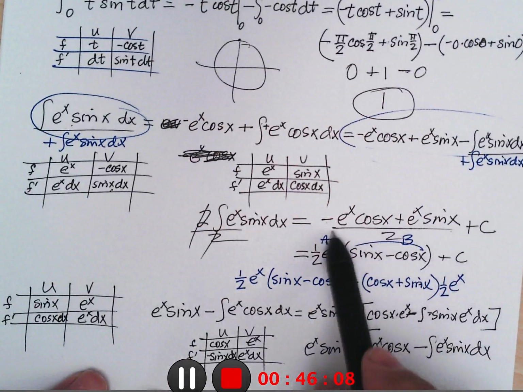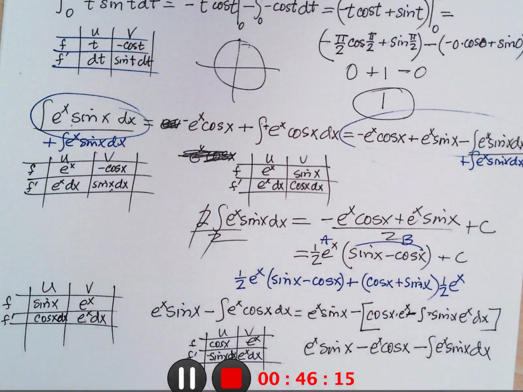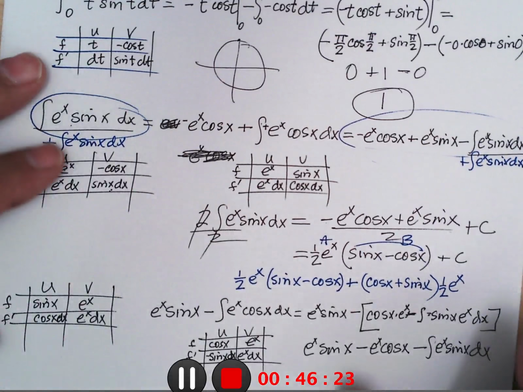This divided by 2, because I'm going to add it over to here, have 2 of them, divide by 2, and I'm going to get the same answer. So it didn't matter which way I put the u and the v on this, if I kept going the same way. Now what I should do is one more attempt at this.